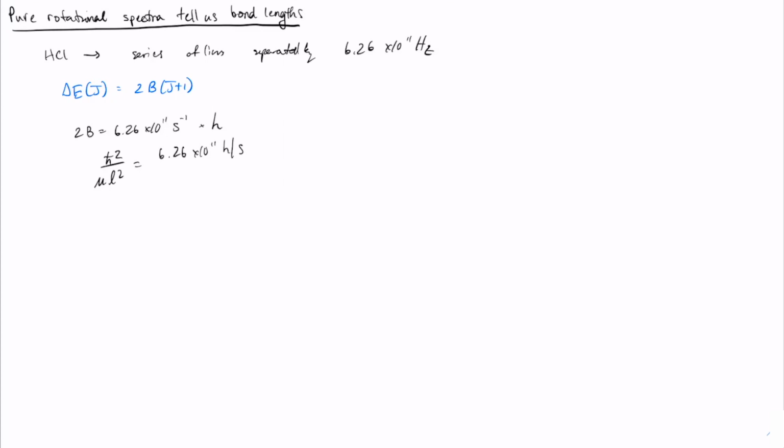So now we have an expression where the only unknown is the distance, right? We know h bar, mu we can compute just based on knowing the identities of the atoms, and this is a measurable, and then this is Planck's constant. So we can solve this for L squared.